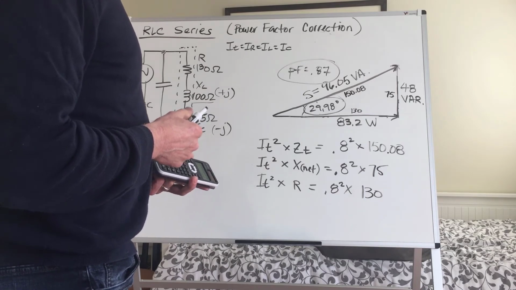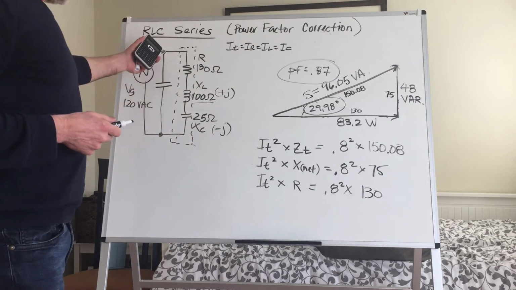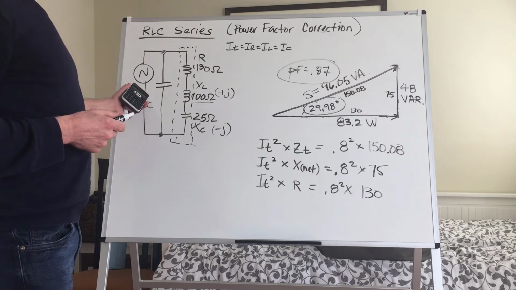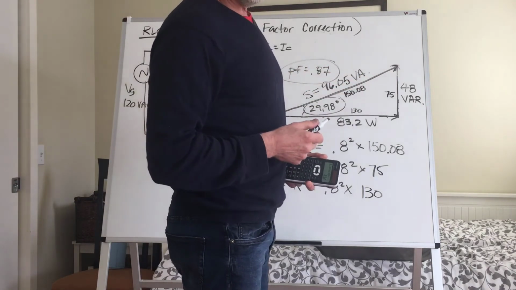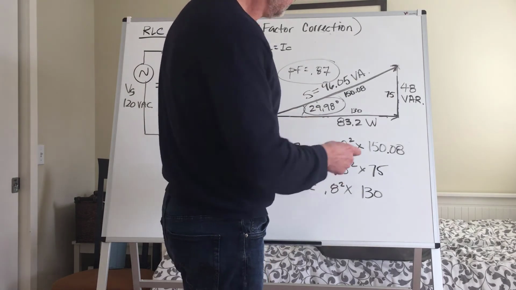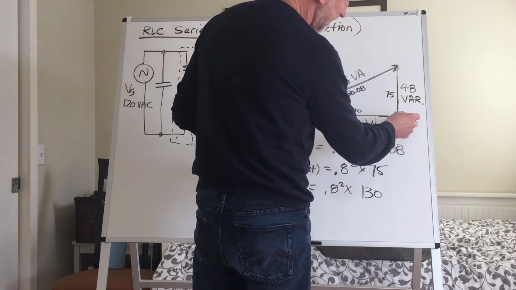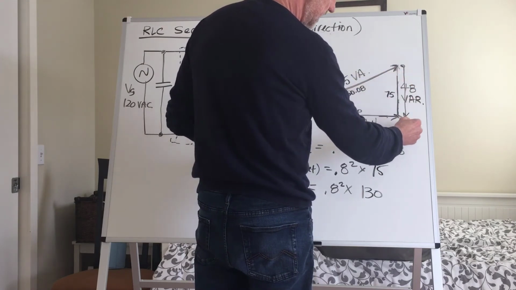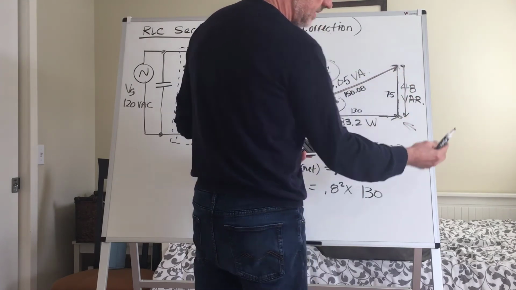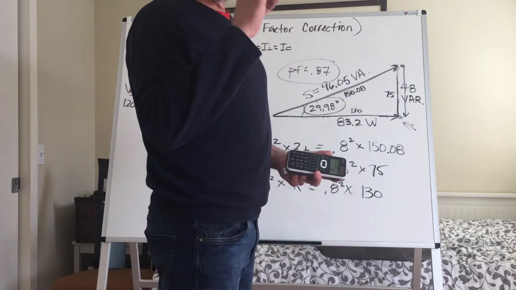So what's our purpose of bringing in this correction capacitor? To introduce 48 var of minus J in order to bring this down to zero. If I add 48 var of minus J, that's going to bring this Q net value to zero.